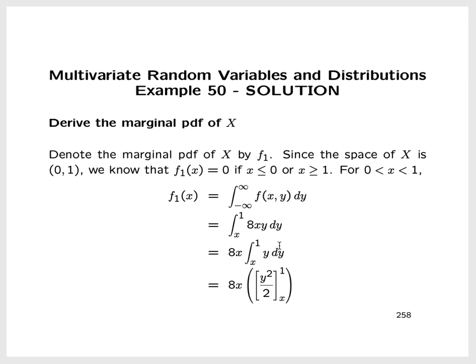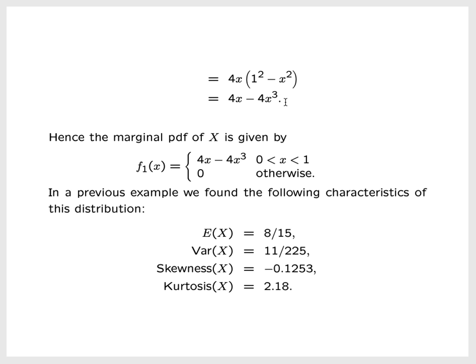And so that is why, when we evaluate this, denoting this value of x1 by x, it simplifies to the integral of 8xy from y going from x to 1. Then we can integrate in the usual way, and we come up with the expression 4x minus 4x cubed.